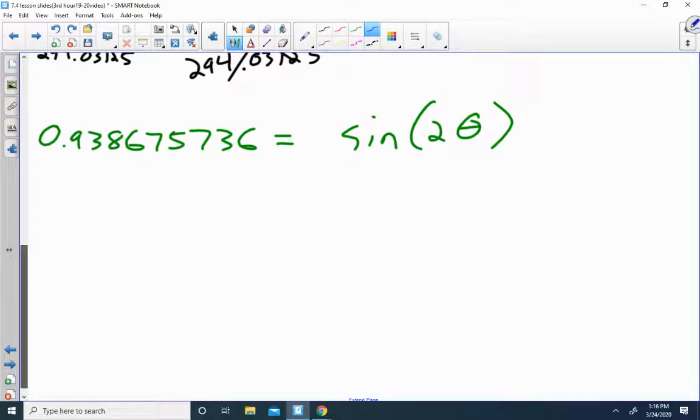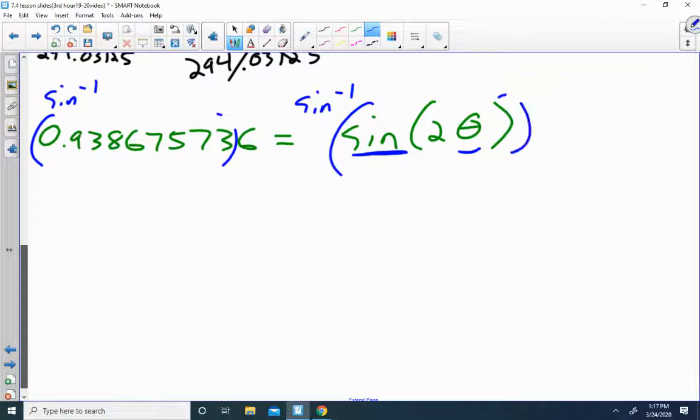Moving on to this question, I still got to get the angle by itself. The next thing I have to get rid of is sine. And remember, to get rid of sine, you got to do sine inverse to both sides. So sine inverse to both sides, the sines here will cancel. So on this side, all you'll have left is 2 theta.